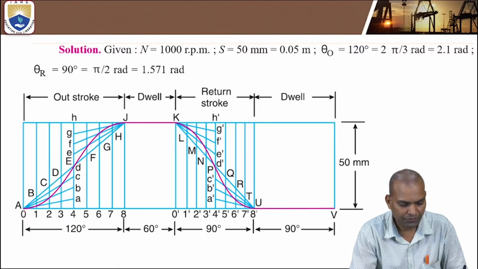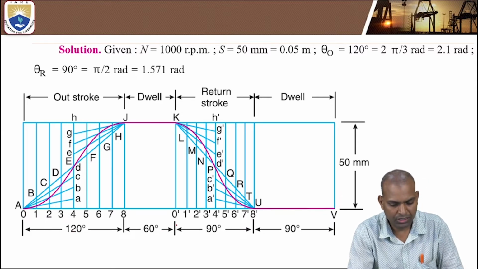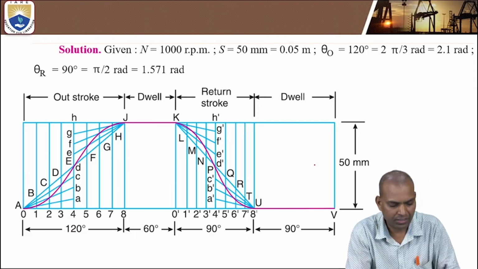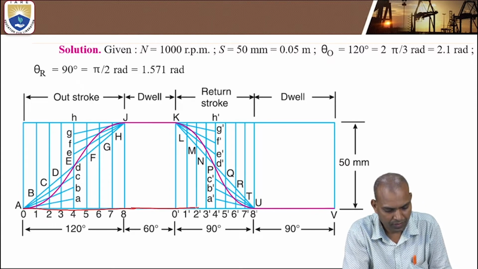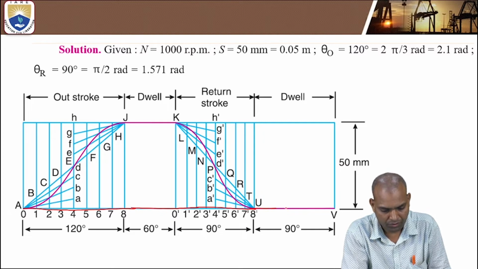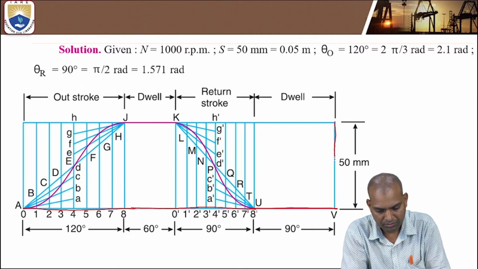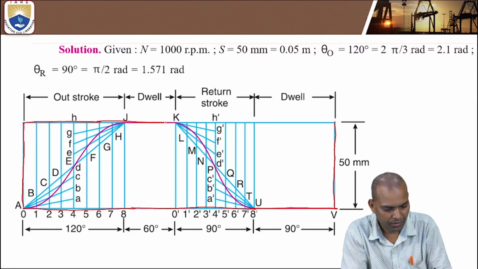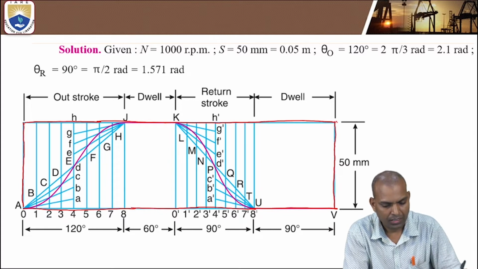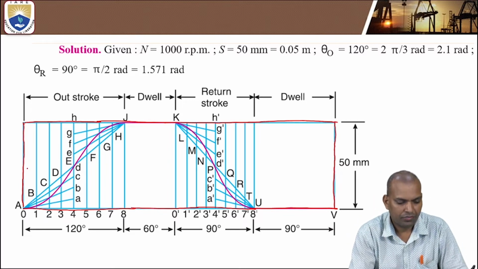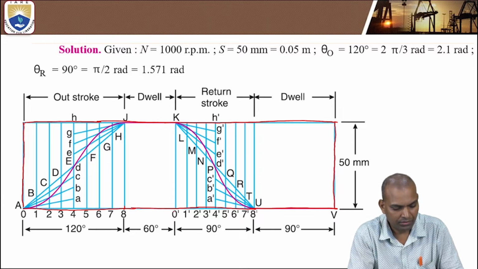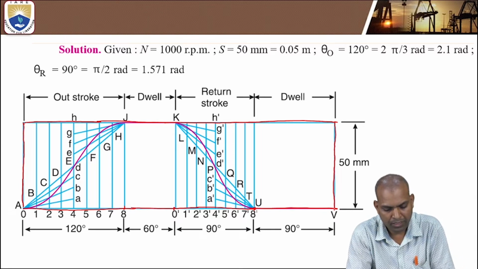Now what is the first step? This is 120 degrees horizontal and 50 millimeters vertical. The next step is to divide this outstroke angle into an even number of parts.